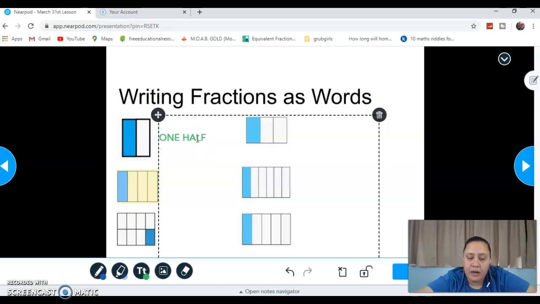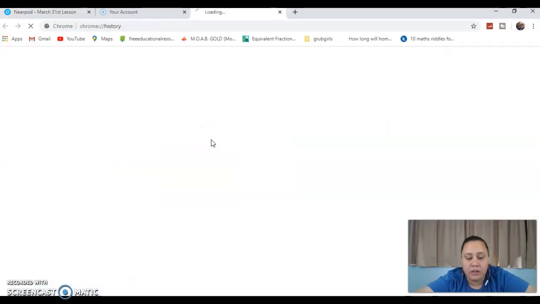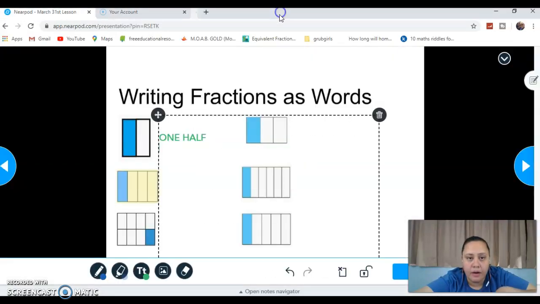So anytime you're talking about halves, 1/2, 3 halves. If it's more than 1, that's why you spell halves. Here we have 4 pieces. It's not 1/4, it is 1/4.